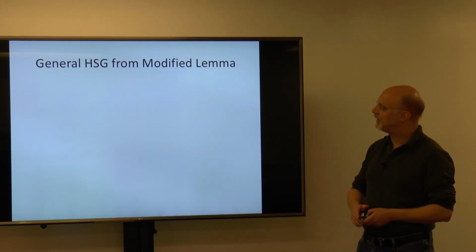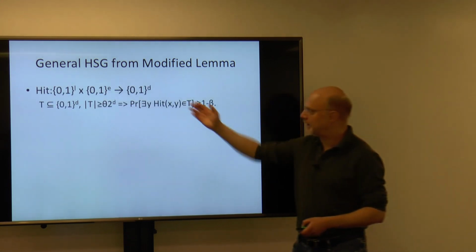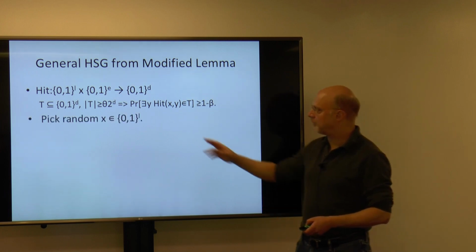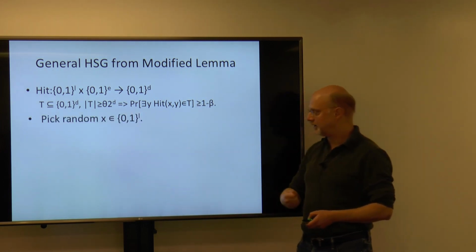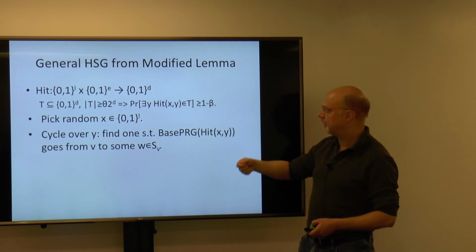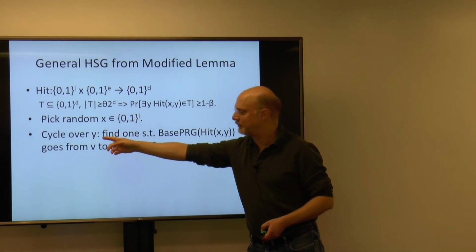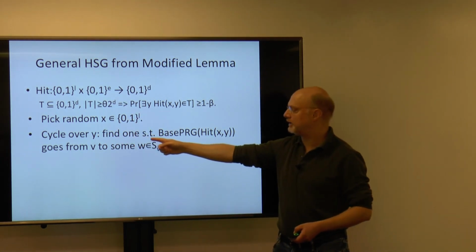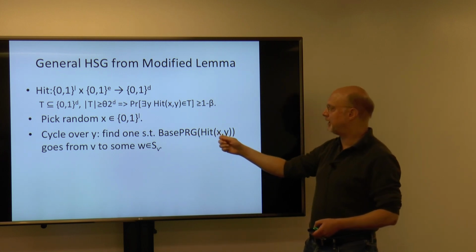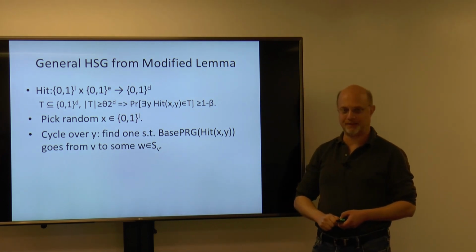Okay, so now what's our general hitting set generator? So we start with a hitter, and this is the property. We pick a random x in {0,1}^L, and the intuition is that if we start with a random x and cycle over y, with good probability we'll find one such that the base pseudorandom generator moves us from V to some set in SV.